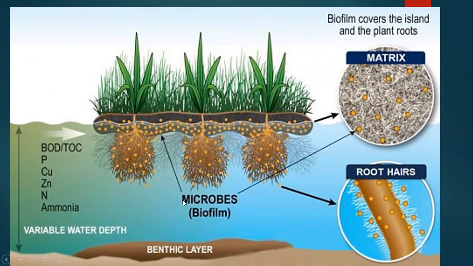You can see how they have these microbes. They have a biofilm. All of these things make it possible for them to be able to do this transfer and to exist in the water with this barrier that doesn't prevent the oxygen carbon dioxide transfer, but does prevent the water from dissolving the root structure.